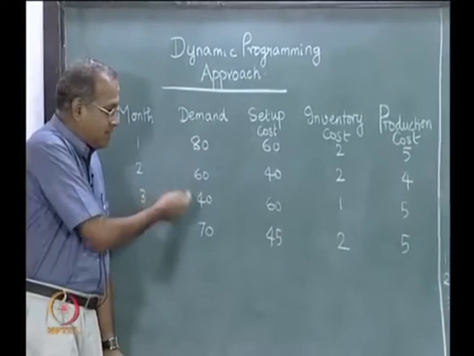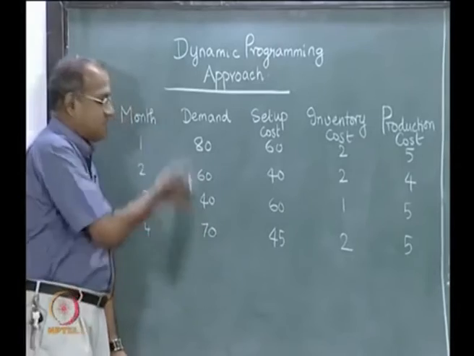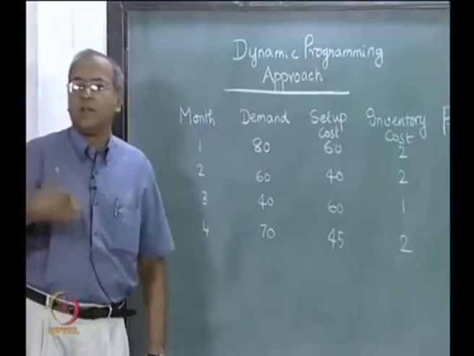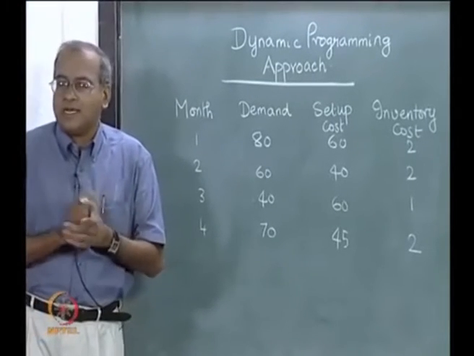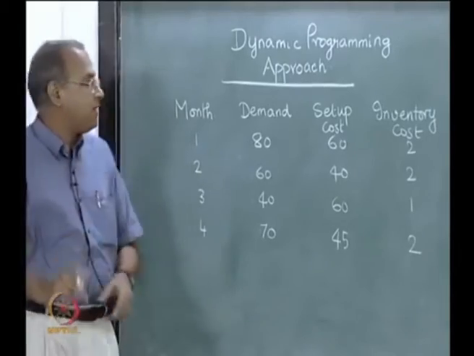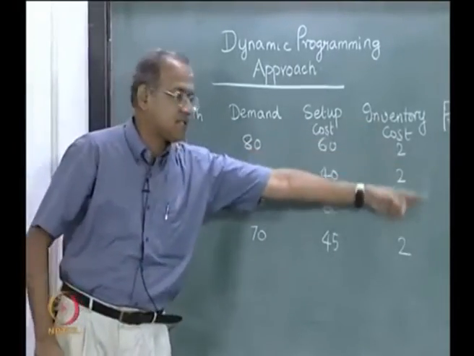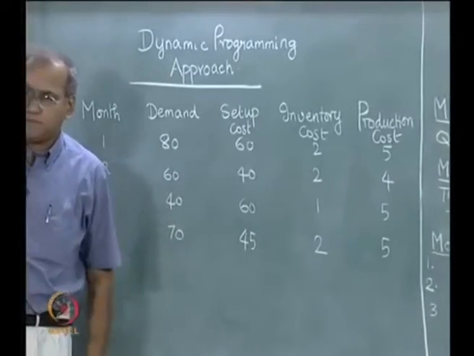So, there will be a tendency to push the next month's production into this month. Pushing this might involve a higher inventory holding cost. So, it is a trade off between inventory holding cost and additional changeover or setup cost. But if the production costs themselves change, then this will also have a bearing on the solution.